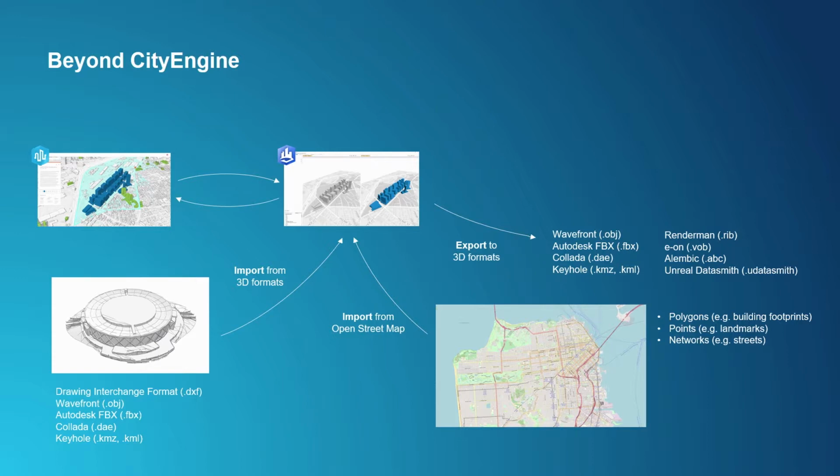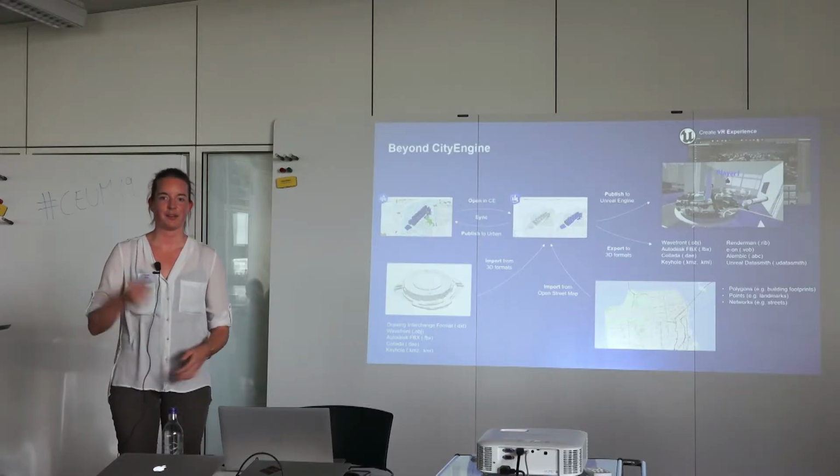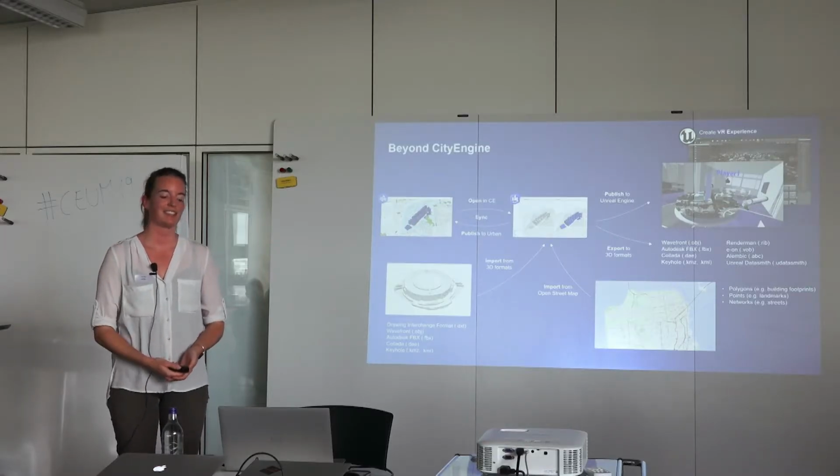Very exciting as well, we also work together with our colleagues here in Zurich to bring it into VR. We've seen that some people are already adapting the VR tabletop experience. We're also working on improving that, still work in progress, but this is beyond CityEngine. There's a whole new world that opens up when you connect all of those things together. I think Simon and my colleagues will also talk a little bit more about that afterwards.